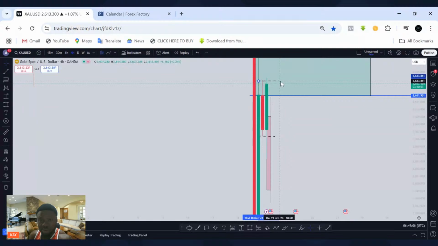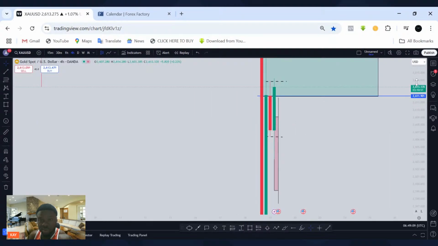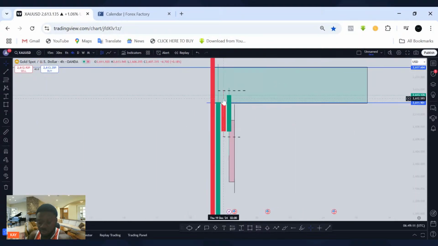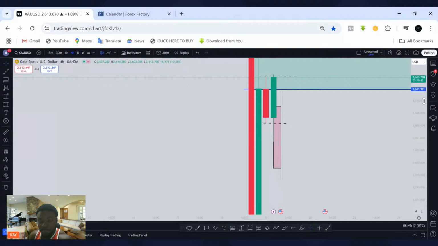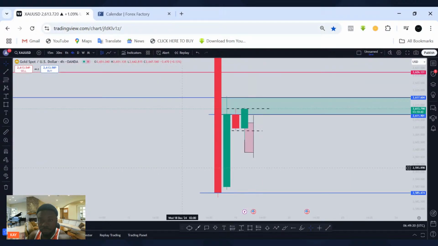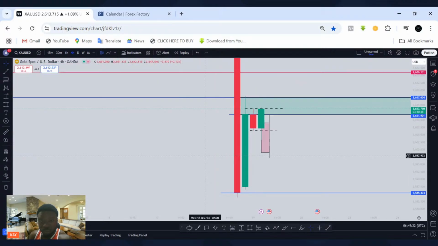Normally it should respect, because we have something called candle structure, so you should respect the candle structure. Now let's see.